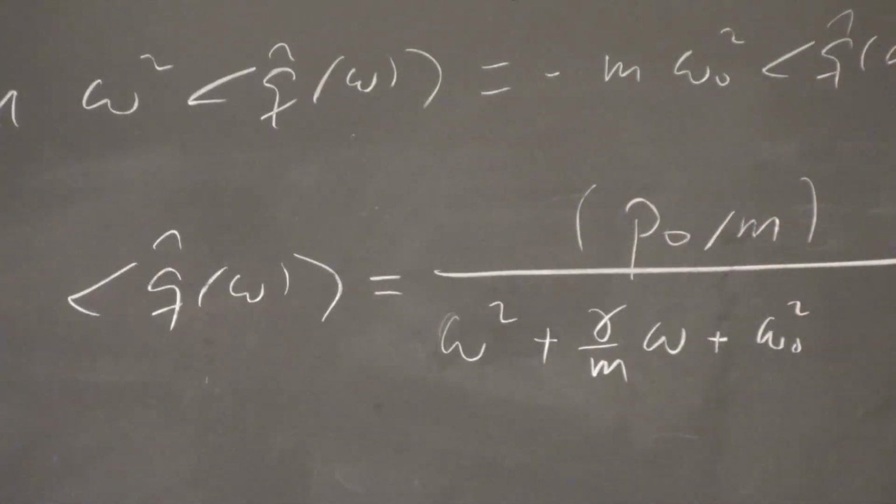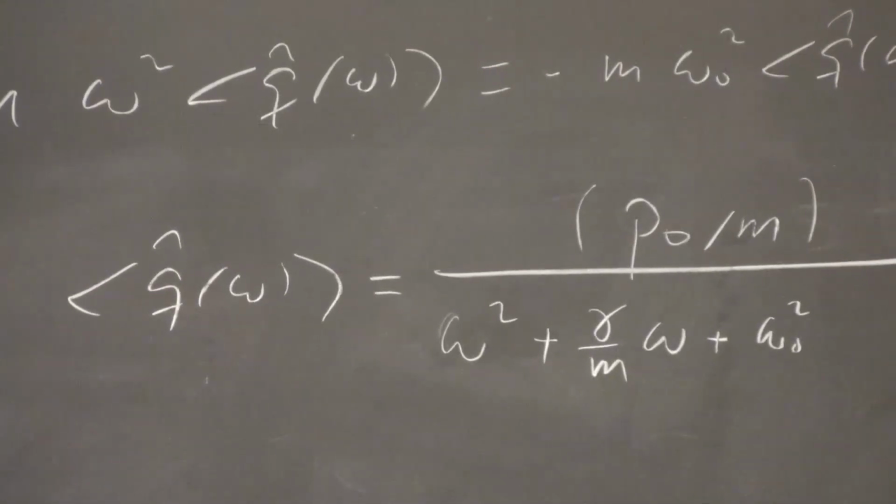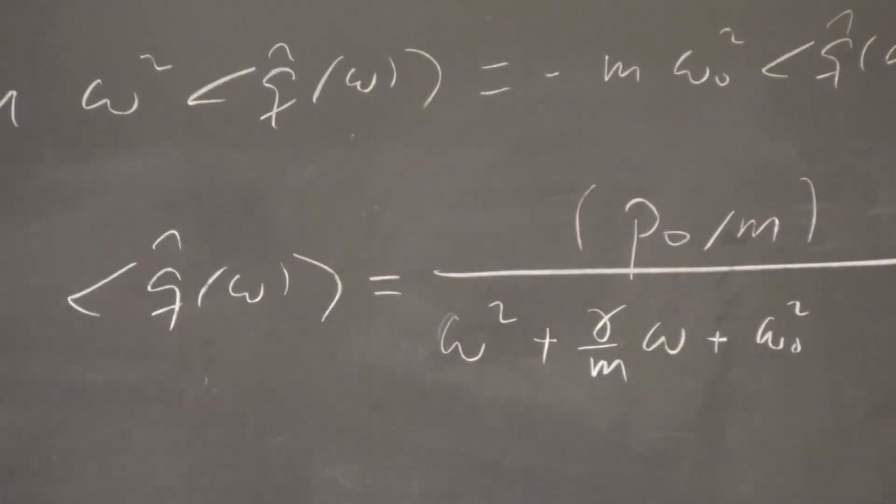And so now I need to solve this, and I solve it by the fundamental theorem of algebra, which was discovered by the very young Gauss. So Gauss was a brilliant mathematician.